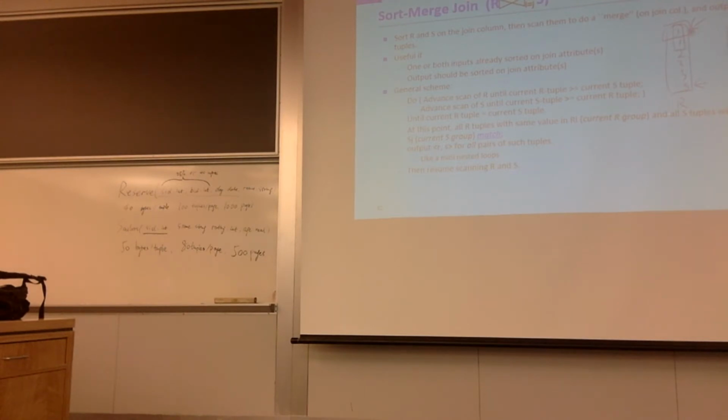So you move the pointer here downward to the next one, so now your pointer is pointing to here. Since this key is the same as the previous one, you have to rewind your current pointer on the right back to the first one here.